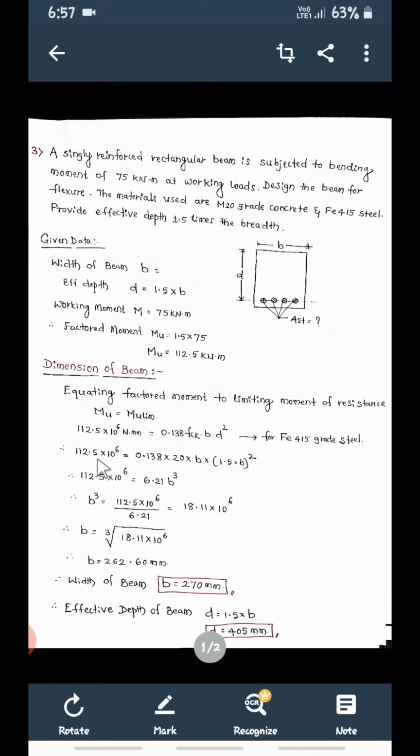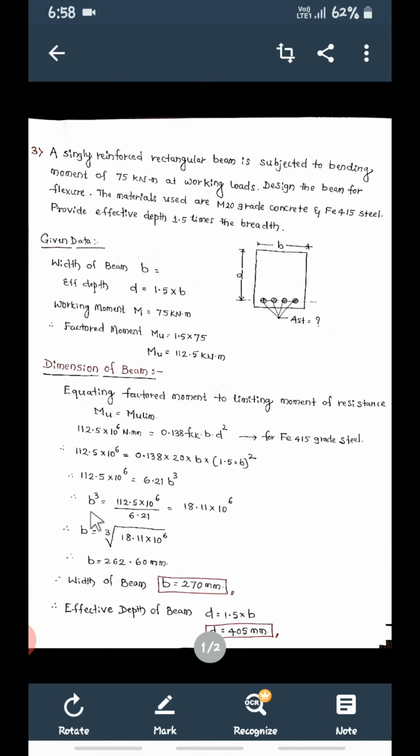Substitute the values: 112.5 into 10 to the power of 6 is equal to 0.138 into fck which is 20, into b, keep b as it is, and d, effective depth, equal to 1.5 times b, so 1.5b, whole squared. So we're going to do 1.5 square into 20 into 0.138, that becomes 6.21. Then b and b square make b cube.